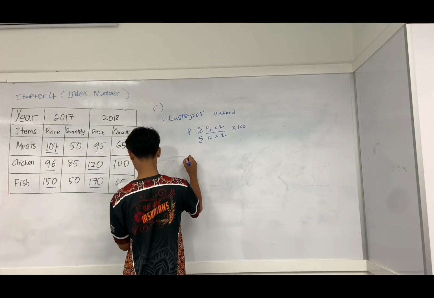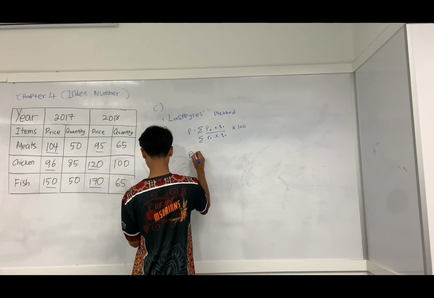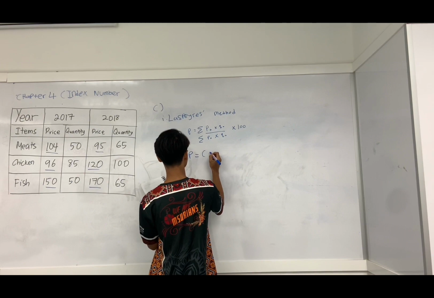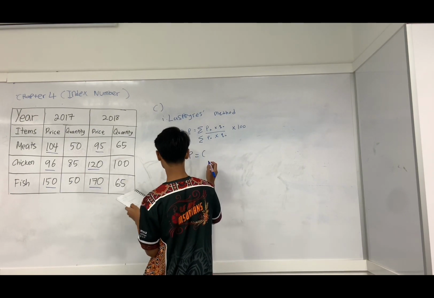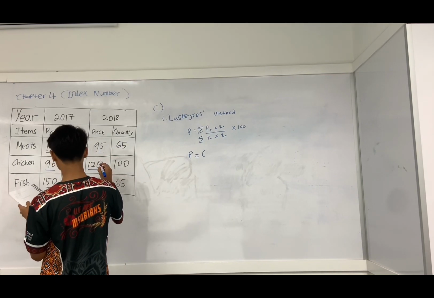So the first one is meat. The price and quantity for meat.